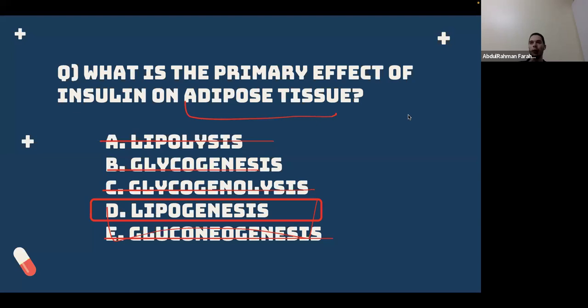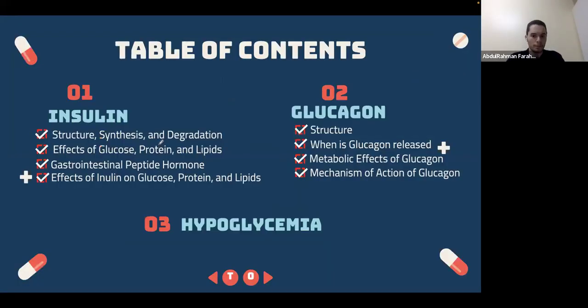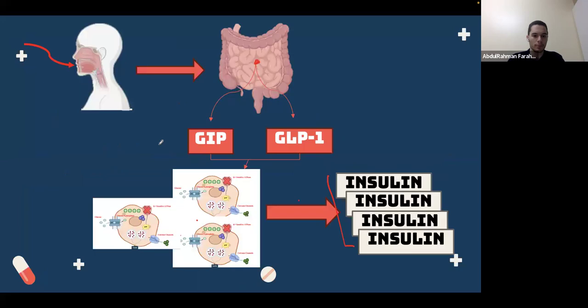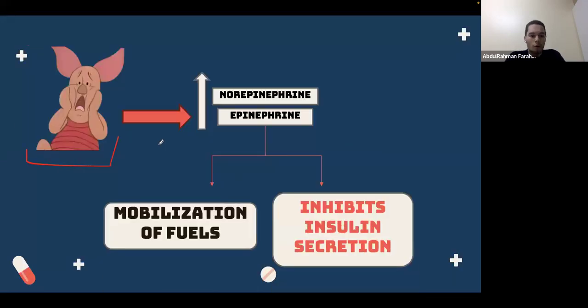Even if you remember, we already said that one of the actions of insulin is that it stimulates GLUT4 transporters on adipose and muscles. And these GLUT4 transporters, if we go back a couple of slides, yeah.